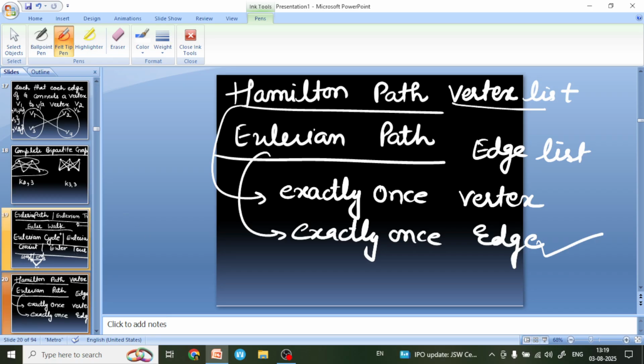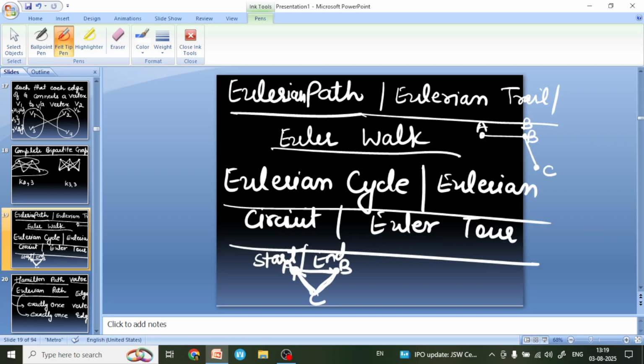You can see here again an example. Here this is an example of Hamilton. When we draw this line, this is an example of Eulerian path.